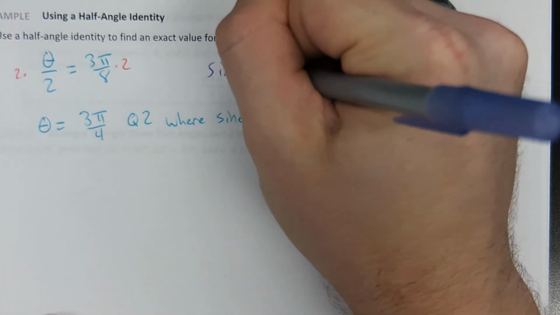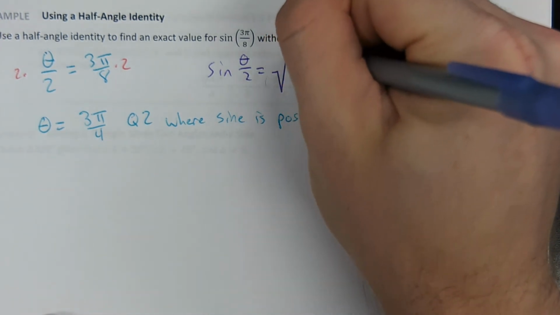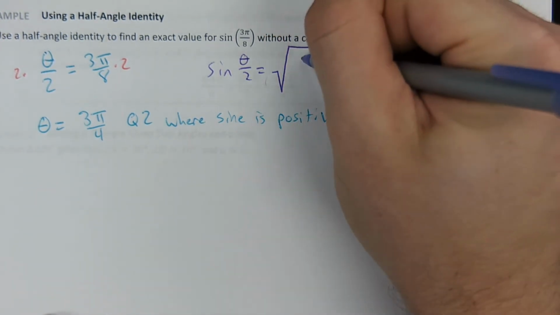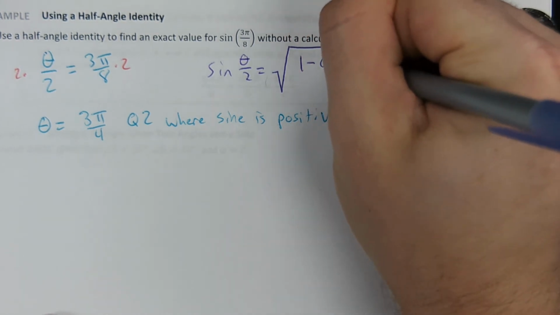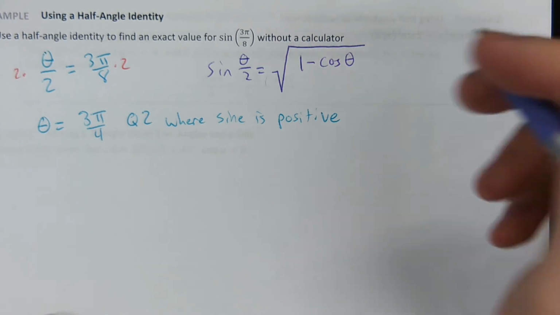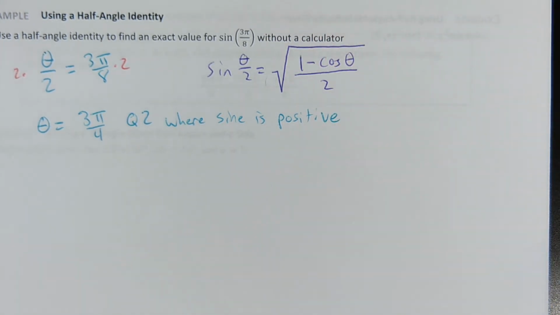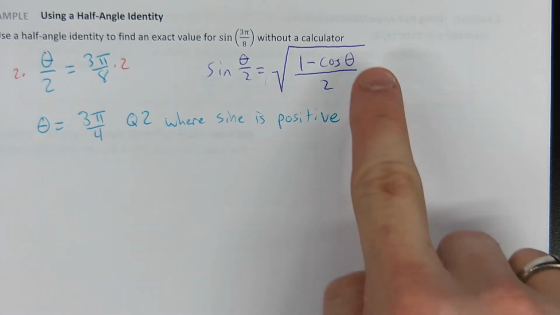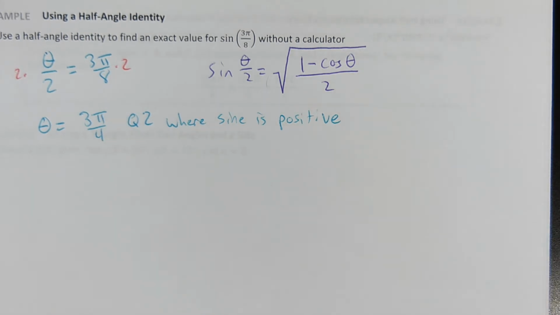Theta over 2, we said we're using the positive square root fraction, and we have 1 minus cosine of whole theta, not half theta, over 2. All we're going to have to do is evaluate cosine of 3 pi over 4 to make this easy. I mean, it'll just be a simple answer from there.